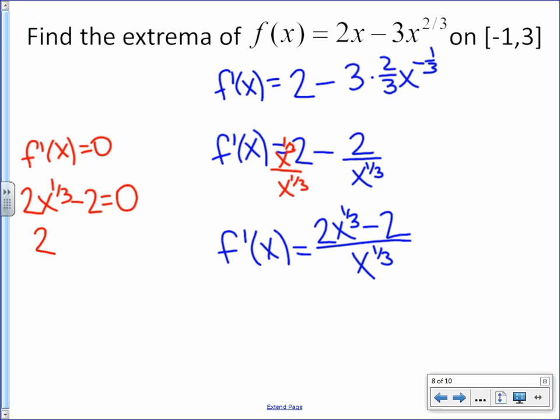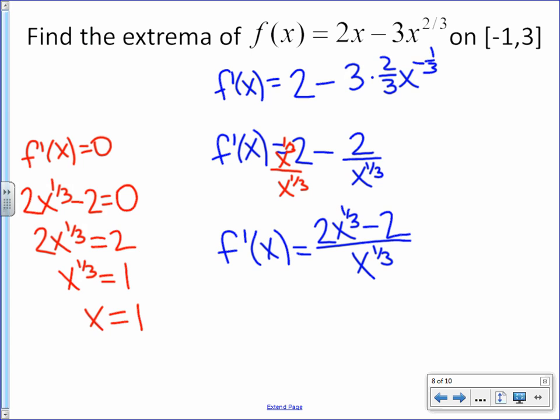So this would mean 2x to the 1/3 equals 2. x to the 1/3 equals 1. Cube both sides to get rid of the 1/3 power, and we have a critical number of x equals 1.